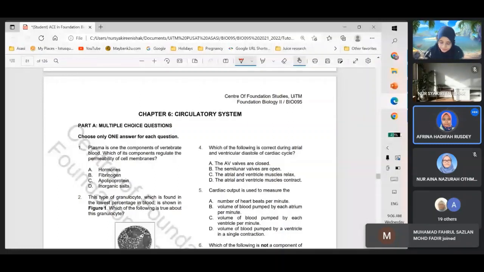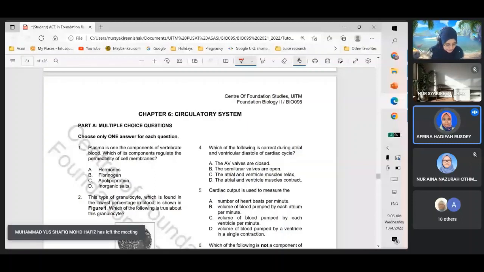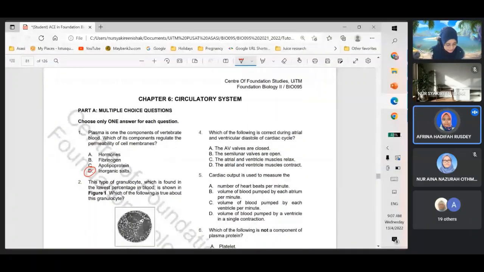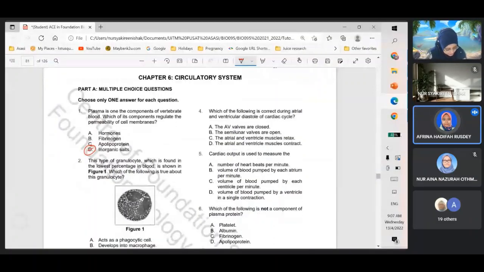My answer is D, inorganic salts, because the function is for osmotic balance, pH buffering and regulation, and regulate the permeability of cell membrane. For hormone, it's signaling molecules that are transported to their target cell. For fibrinogen, it gives rise to fibrin, which promotes clotting, and apolipoprotein for lipid transport.